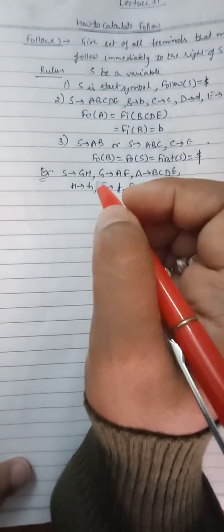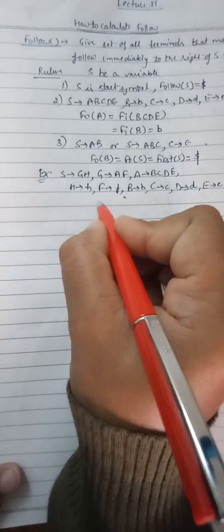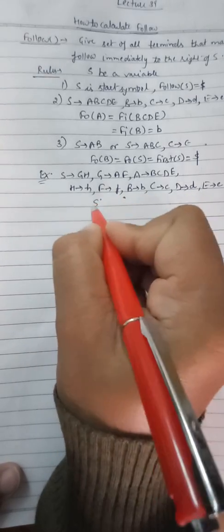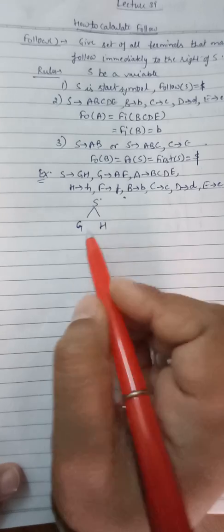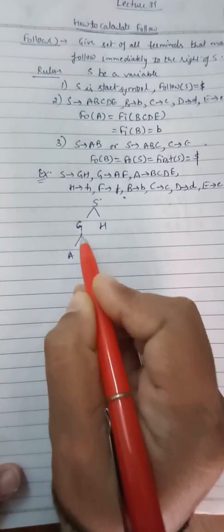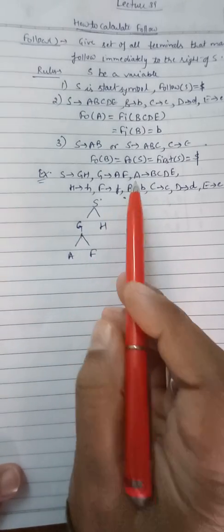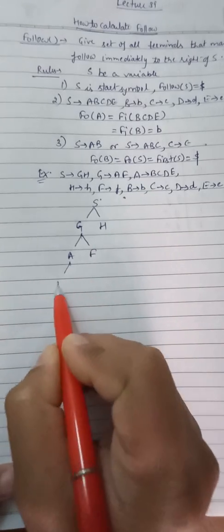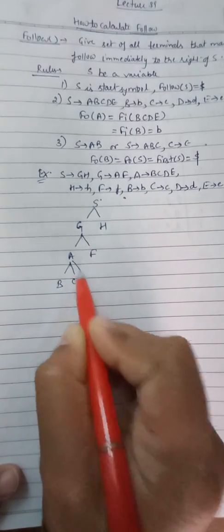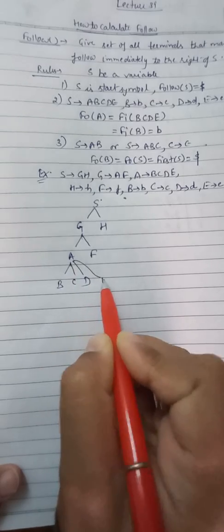First, we are going to make a tree like this. S tends to GH, G tends to AF, and A tends to BCDE.